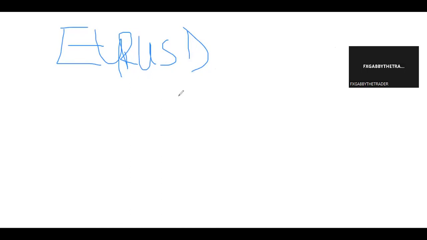Let's say the current market price for Euro USD is 1.1200. After the point, we start counting the pips. The pip is always the fourth decimal. This is your fourth decimal, where you will start counting your pips from. 1, 2, 3, 4. So the fourth decimal.